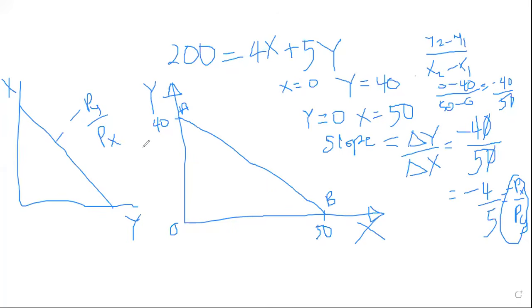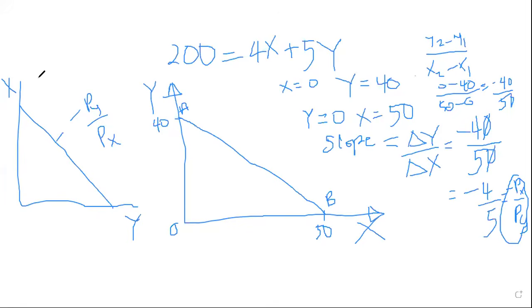It's very important, which is still the relative price ratios, right? The relative price ratio is the rate at which the consumer can substitute one commodity for the other. So the slope here is measuring the rate at which the consumer can substitute one commodity for the other.